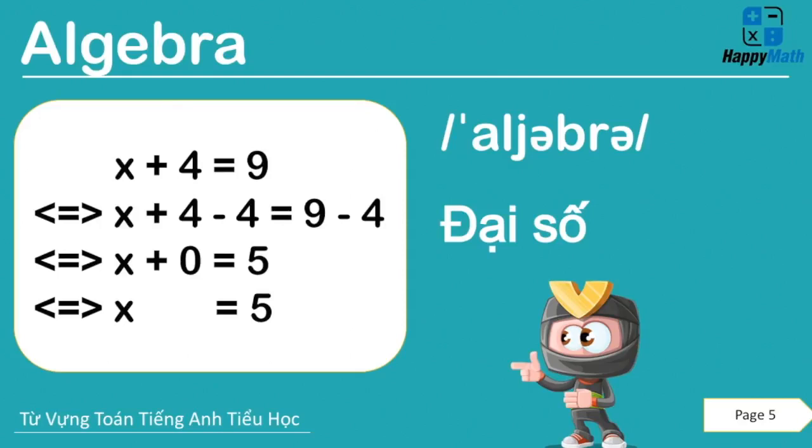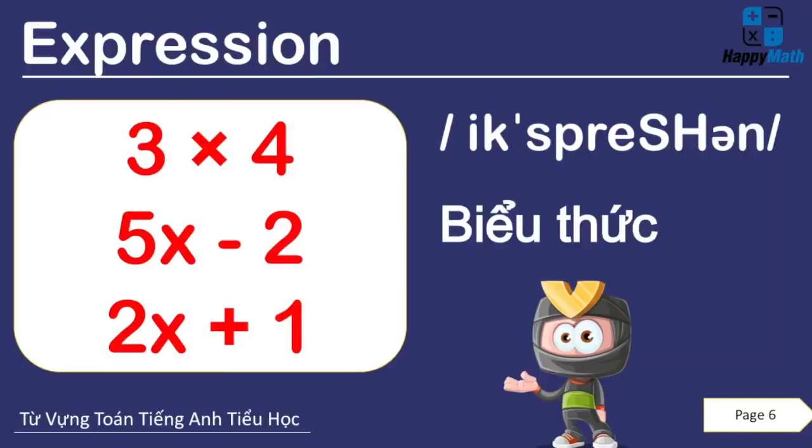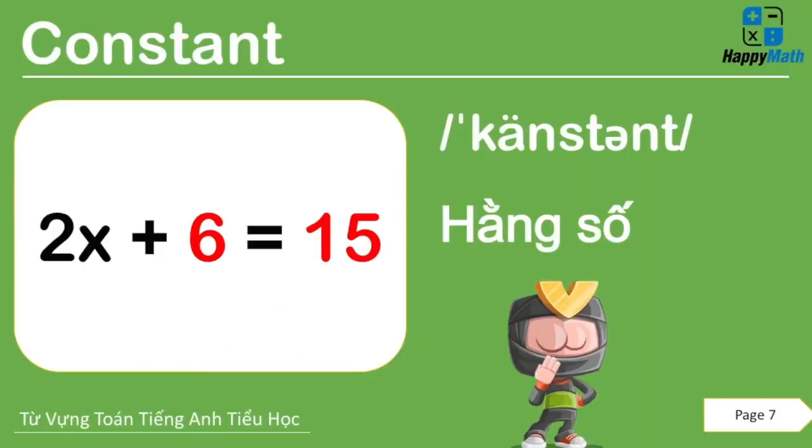Algebra means you have to calculate or find the variable in the expression, with x, y, or z variable in the expression. Just like you put the letter into the equation. Expression. Constant, the unchanged number in the exercise.